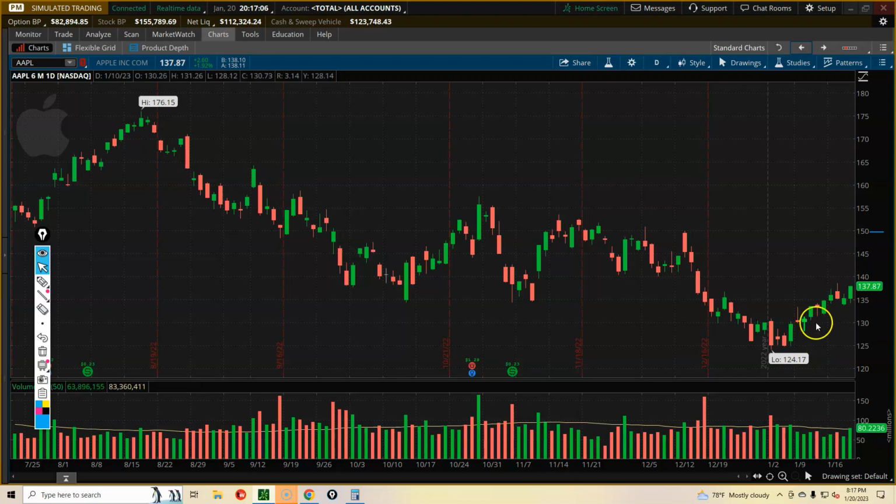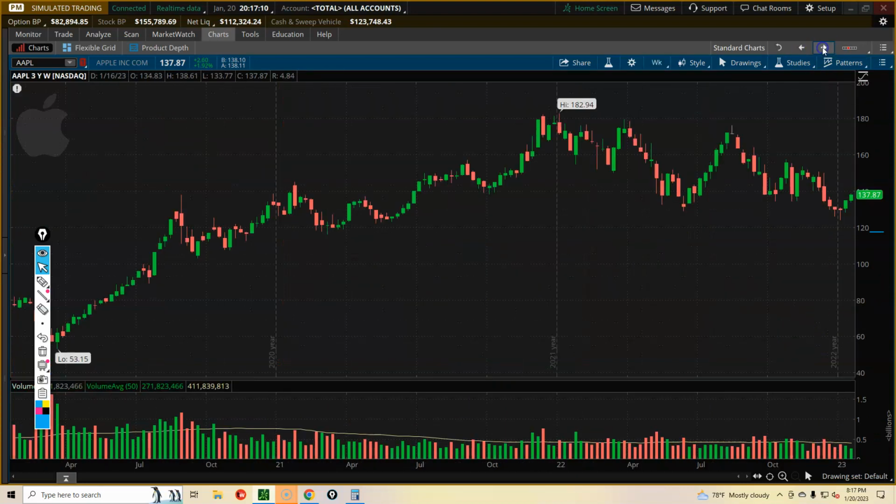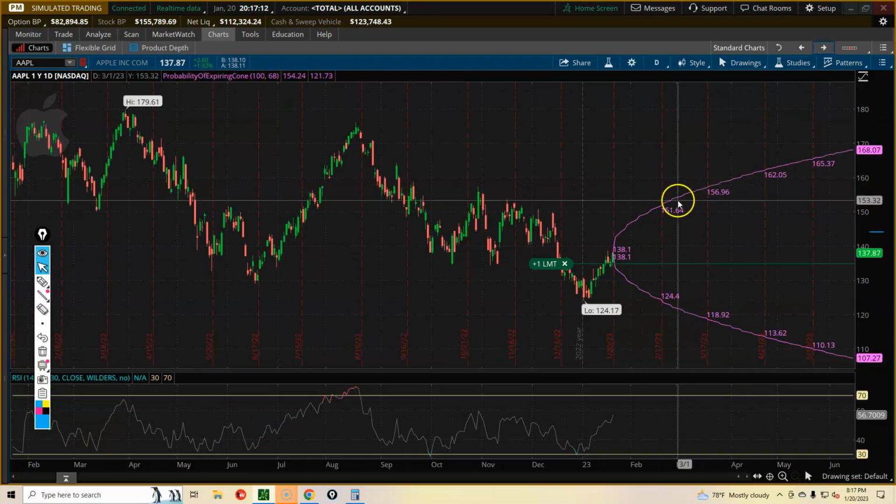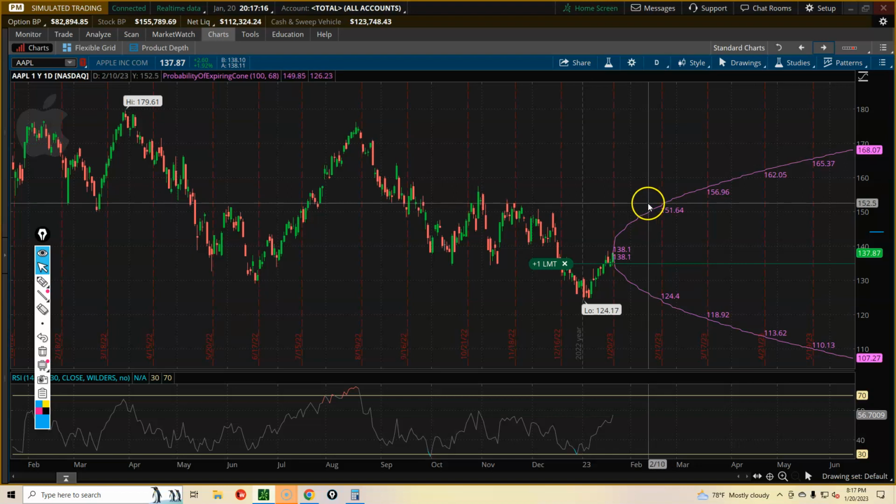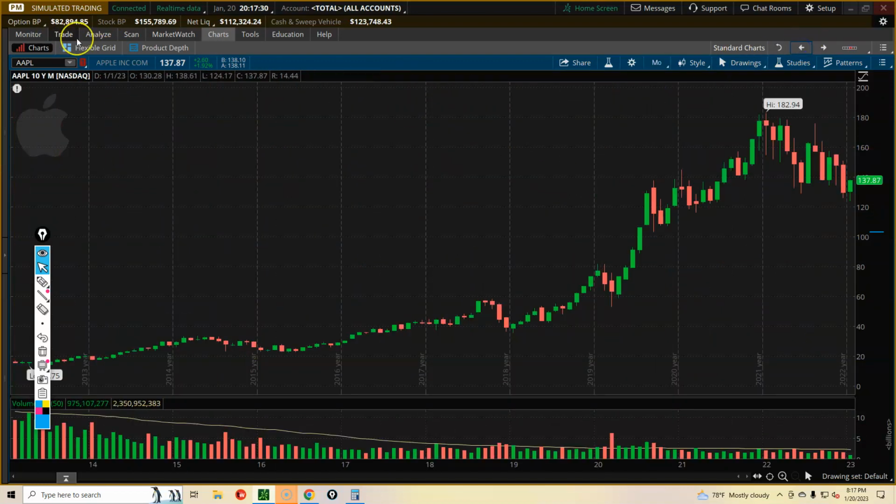It's moving up on weak volume, and that makes me feel more confident that things might fall into this cone of probability, where at 150 I have a better chance of it expiring worthless.